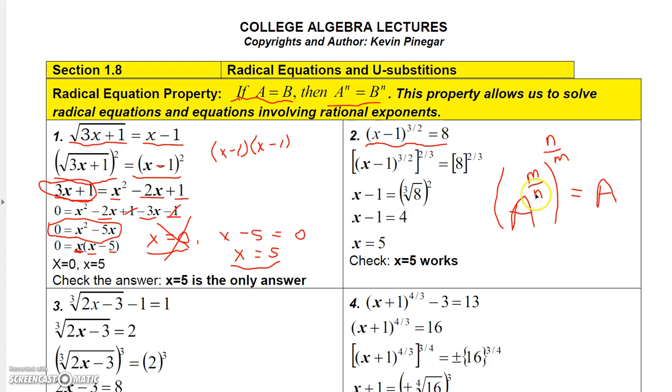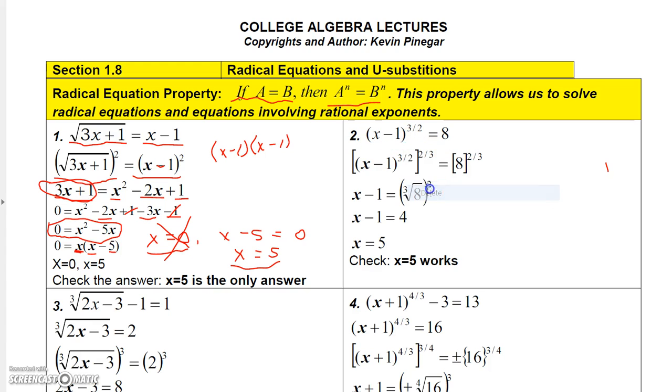Okay, and the reason is because remember, when you raise a power to a power, you multiply exponents, and if you multiply m over n by its reciprocal, n over m, they just cancel each other out, and you just get a to the 1. So if I want to eliminate a fractional exponent, then all I have to do is raise this expression to the reciprocal power.